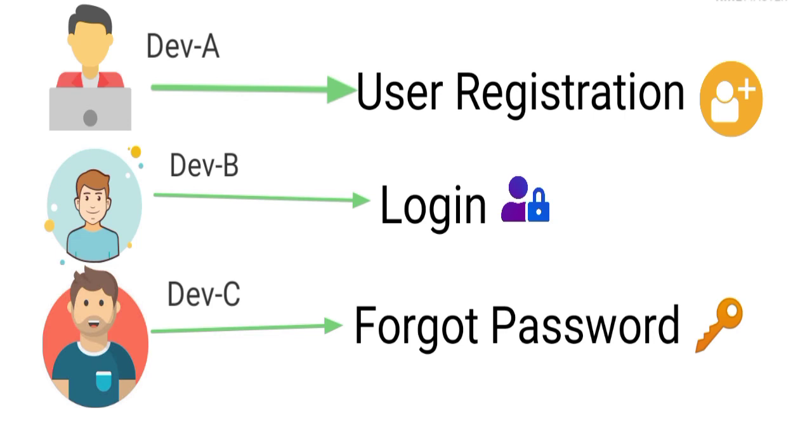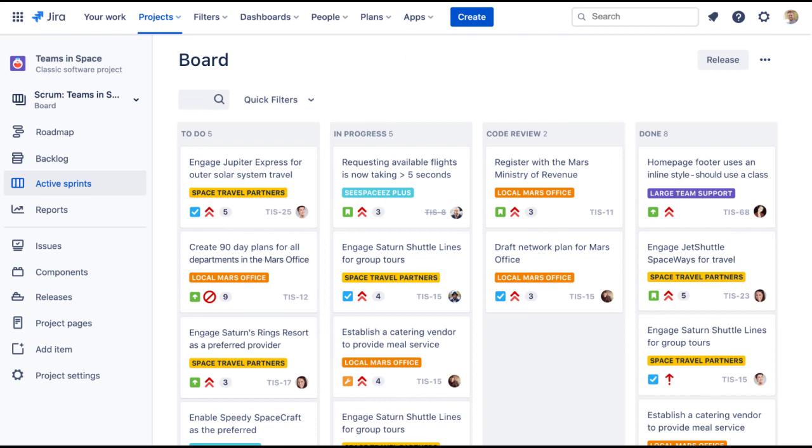For any piece of work, these developers create a branch based off the develop branch using a specific name. If you are using any bug and issue tracker software tool, then you will have a single identifier for your task or feature. In our case we have TIS 25, TIS 12, TIS 17. But let's assume these three cards denote our features: user registration, login and forgot password respectively.